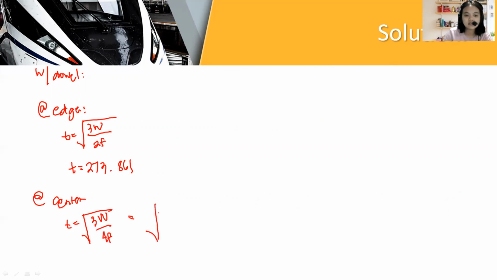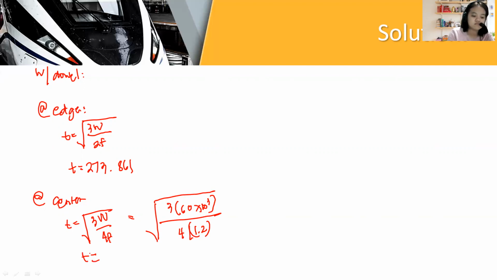So that is 3 times 60,000 over 4 times 1.2. And T is equal to 193.649 millimeters.